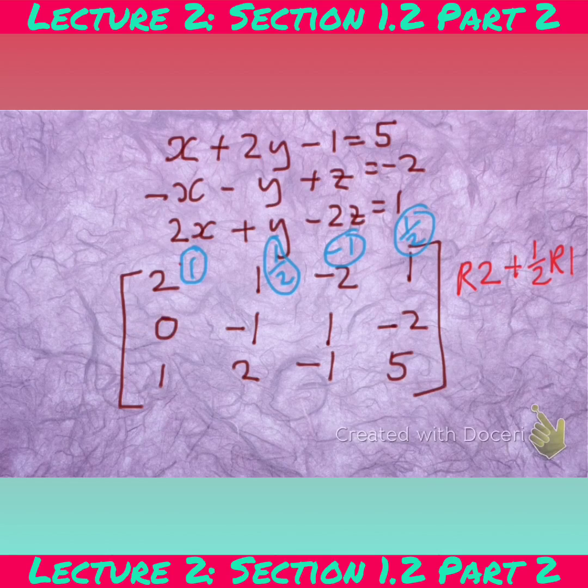The second entry is replaced by minus a half, and the next entry is replaced by 0, and the next entry is replaced by minus 2 plus a half, which is minus 3 over 2.